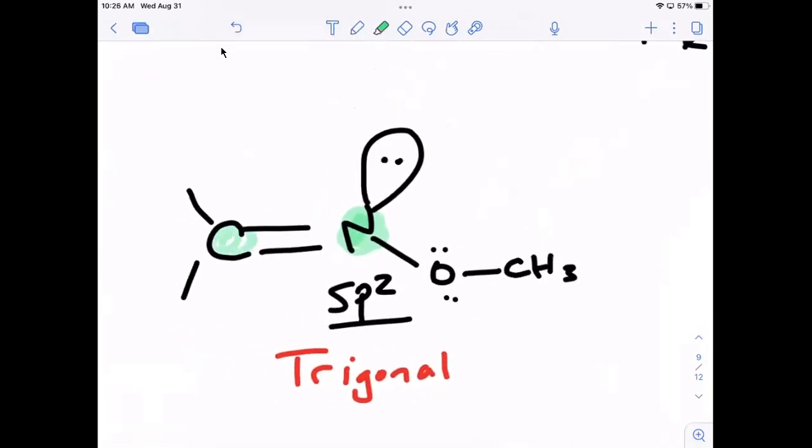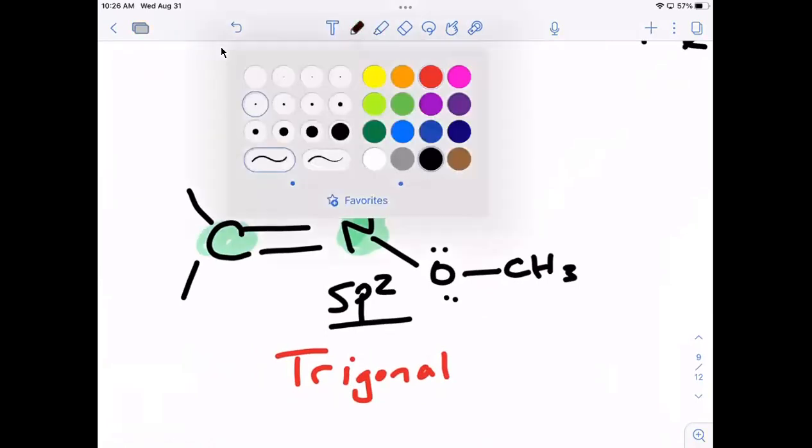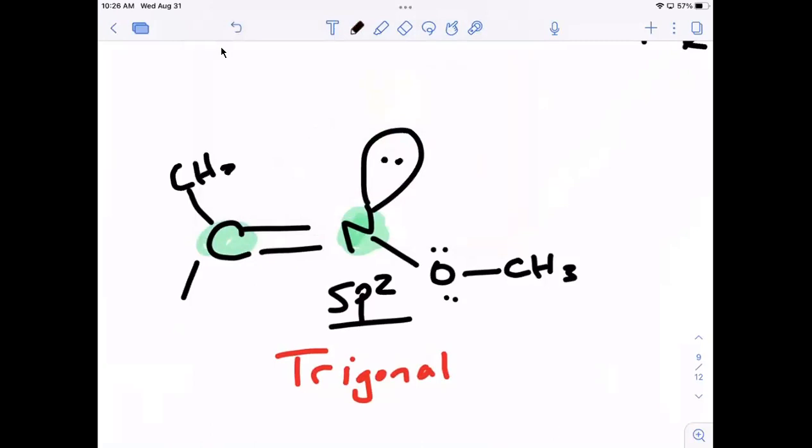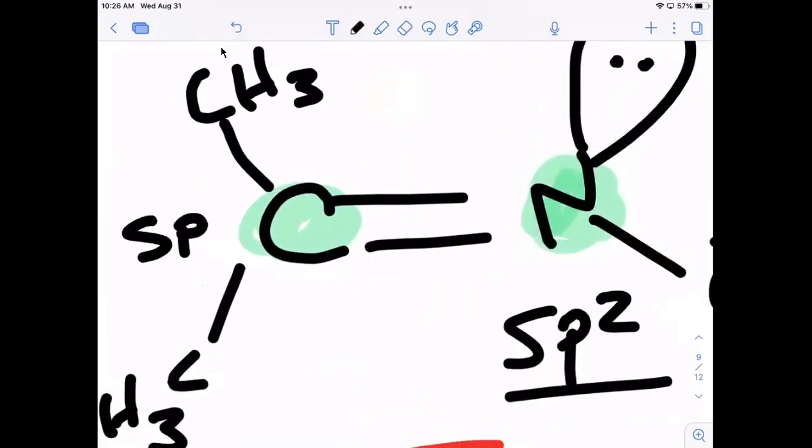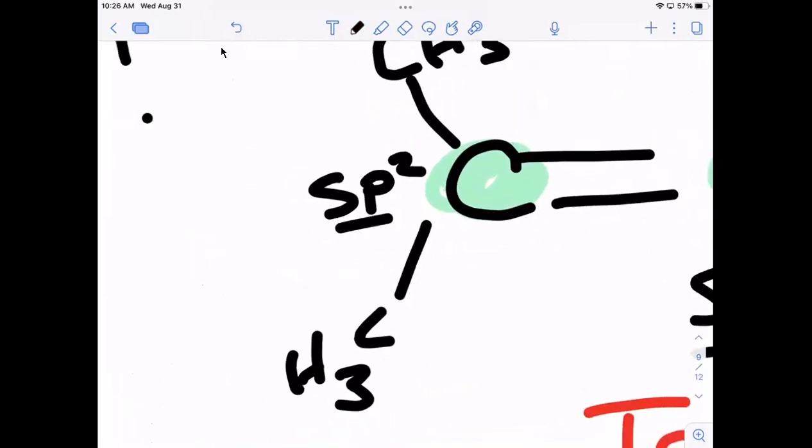All right, let's do this carbon right here. What do you think? Is it still sp2? It's also sp2. Good. And it is also trigonal. Is that right?